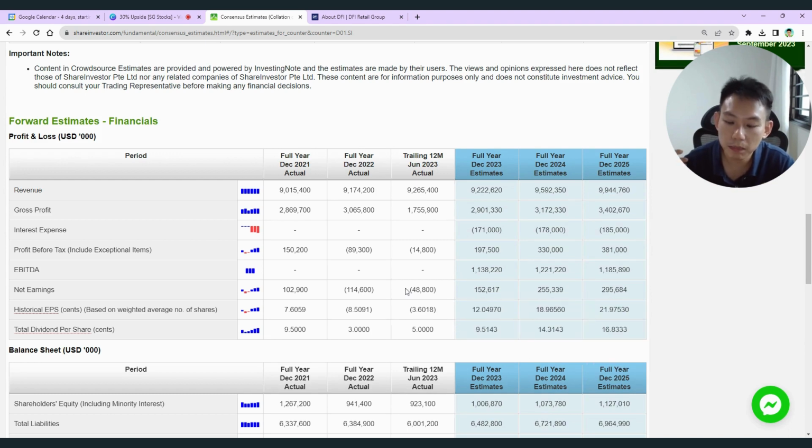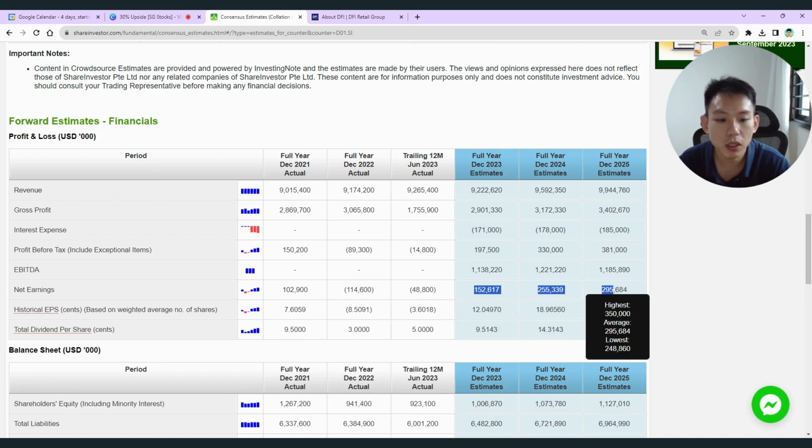The positive, bright side is that their net earnings is going from a negative, loss-making, to a positive number going forward. So that is what I mean by they are factoring in a rebound in the numbers after all the cost cutting measures.